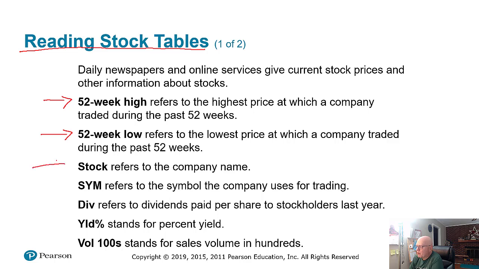The stock refers to the company name, and the symbol refers to the shortened version of the company name. DIV is talking about the dividends paid per share. So the dividend depends on how many shares you've got. Yield stands for percent of yield.